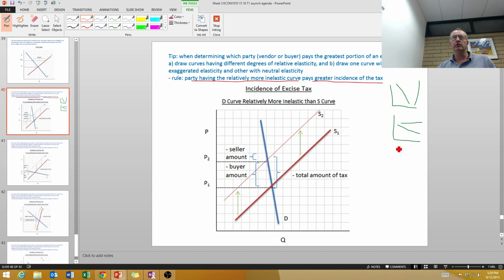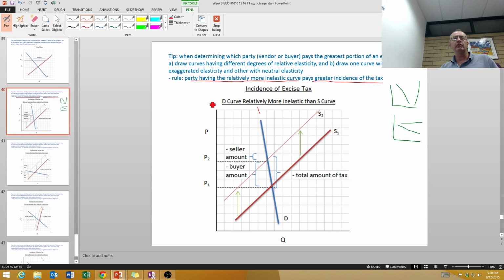So when you're doing these kinds of questions, what I would do is make one of your curves relatively inelastic, so relatively steep, and make the other curve relatively neutral. When you do that, you can figure this stuff out pretty quickly.